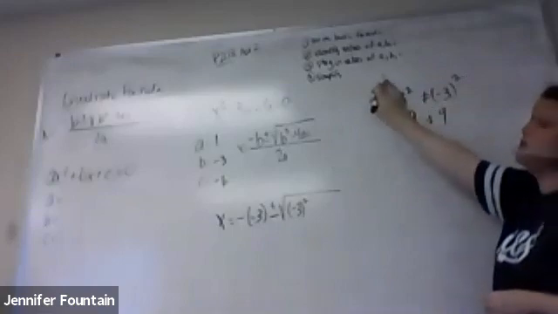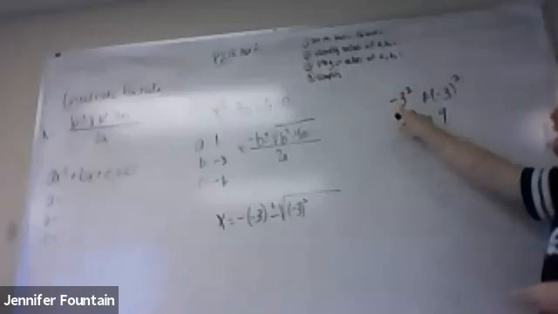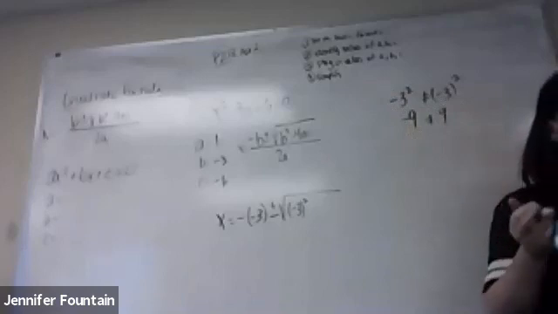So notice in this one, my negative is not included in parentheses. So I do 3 squared first. 3 squared is 9. The opposite of 9 is -9. So if I do not have parentheses, my answer will be negative. If I do have parentheses, I have to include my negative with my number. So a negative times a negative is a positive. So that's why the importance of having parentheses.